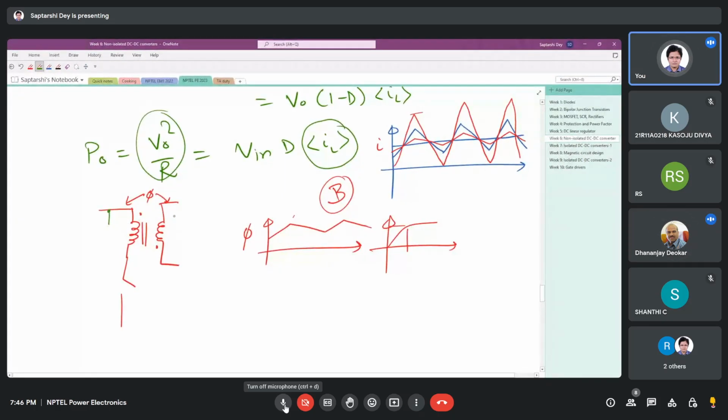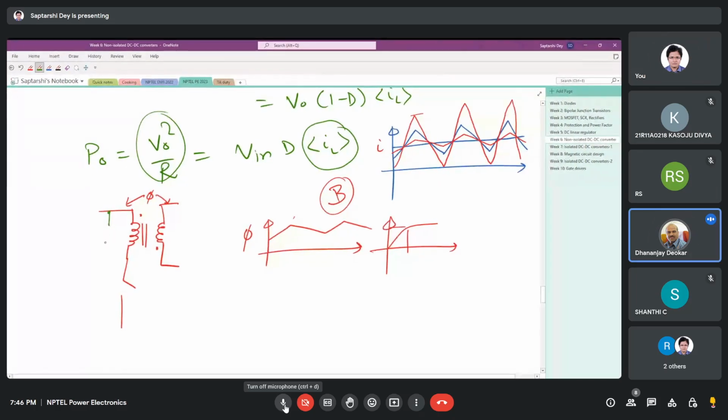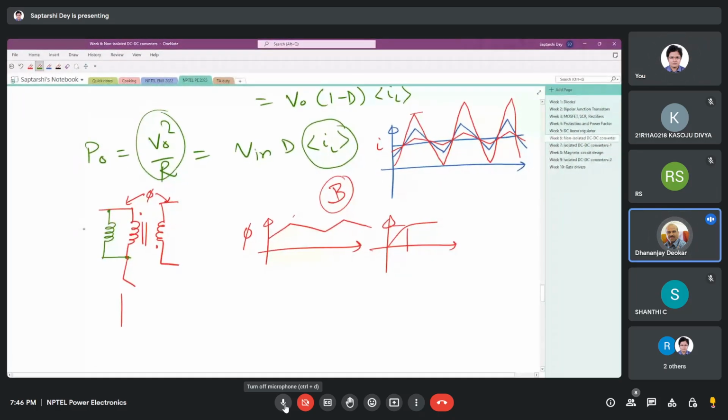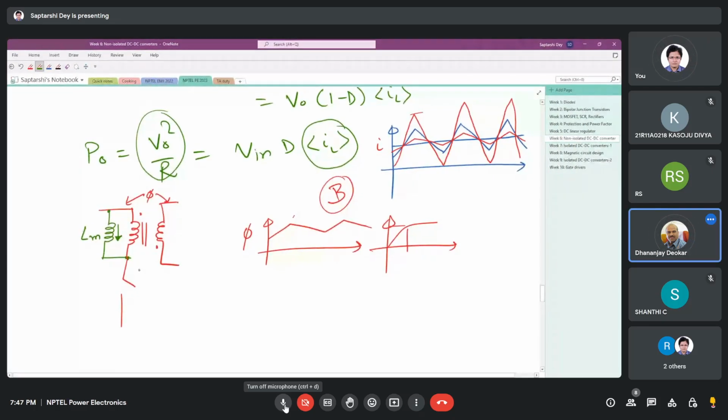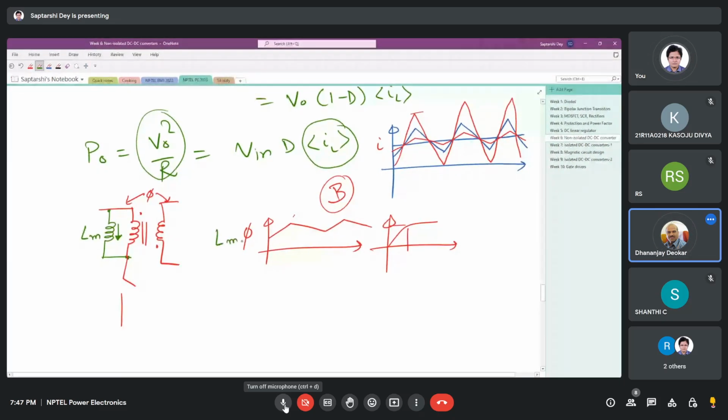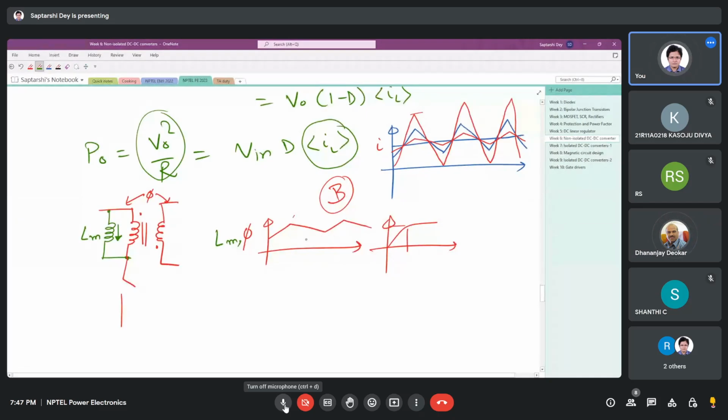This was a practical transformer. Now you consider the magnetizing inductance here and consider this as an ideal transformer. In that case, you can say that the current through the L_M is like this. So basically, magnetizing current or flux, they are the same thing.